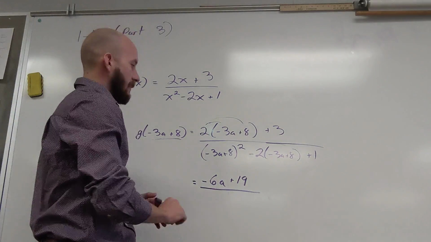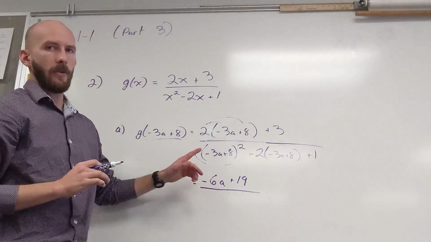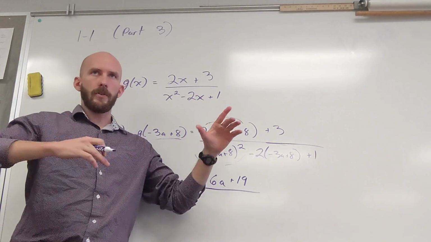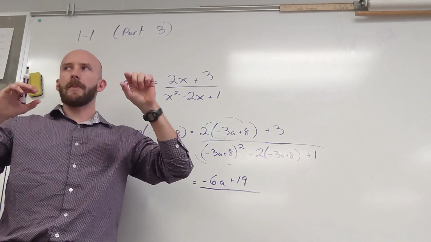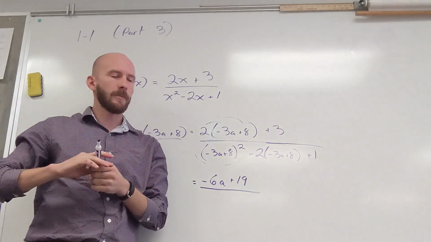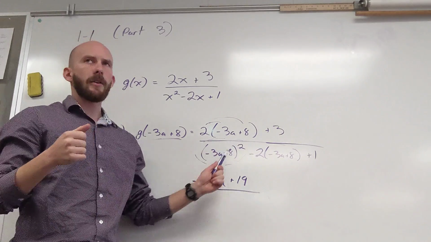Okay, now the denominator here, especially for this part right here, we need to be really, really careful. Anytime I have a binomial squared, so I have something in parentheses with a plus or a minus sign, to where it's 2 separate terms, you have to be really, really careful. Does anybody remember how to do that?